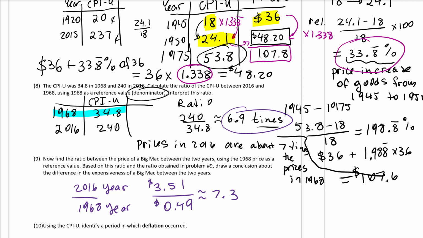Well, you might have said, yes, it's 7 times more expensive, but then everything else became about 7 times more expensive. So the Big Mac basically tells us a similar story as the CPI-U. In terms of its face value, the Big Mac hasn't changed its price much compared to the CPI-U.